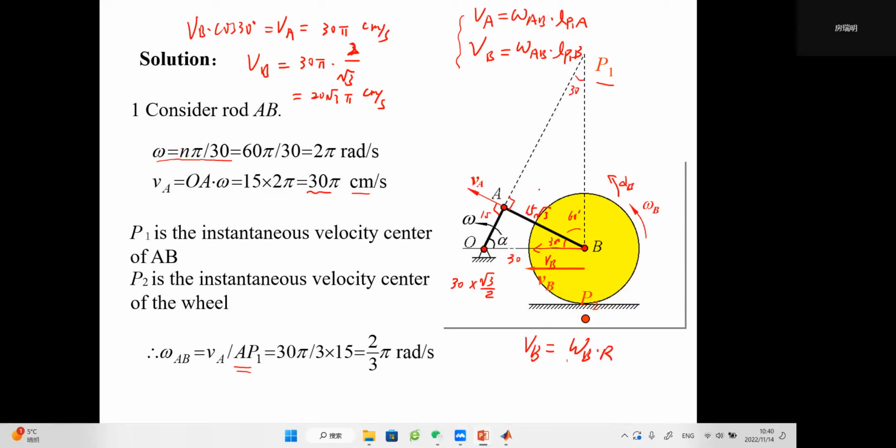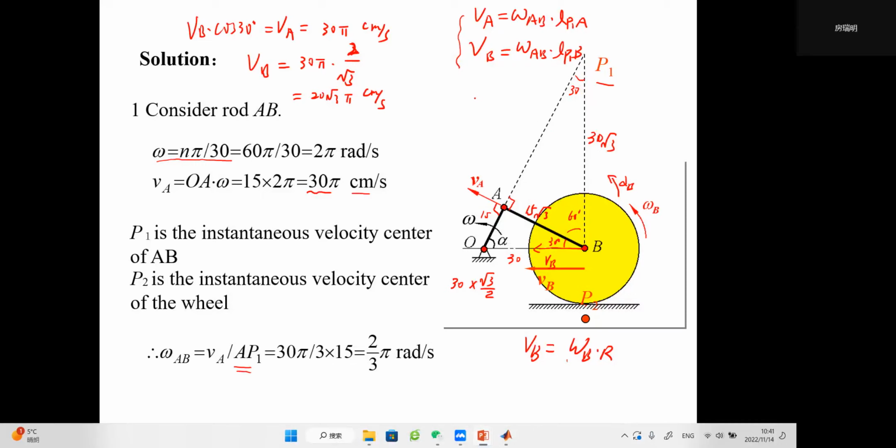Right? Because this is 30 degrees, the length of P1A will just need this 30 square root 3 times cosine 30, which is another square root 3 over 2. So that means this length will be, let me see, 45. Am I right?